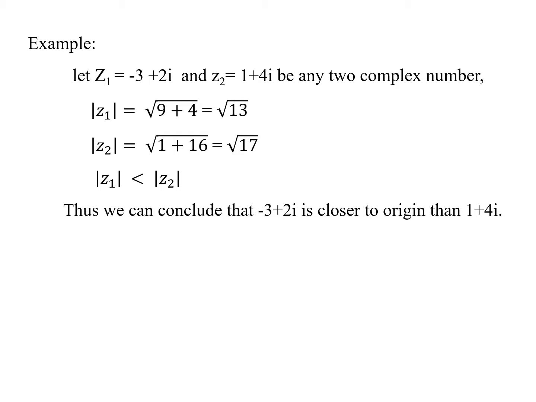We take mod z1 equal to the square root of real part square plus imaginary part square, that is minus 3 the whole square plus 2 square, which is equal to square root of 13. Similarly, mod z2 equal to square root of 17. So it is clear that square root of 13 is strictly less than square root of 17. Therefore we conclude that minus 3 plus 2i is closer to the origin than 1 plus 4i.